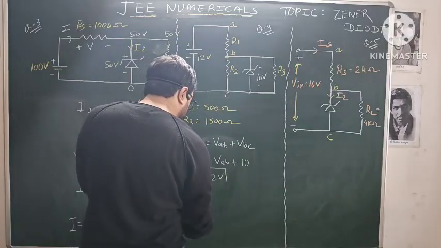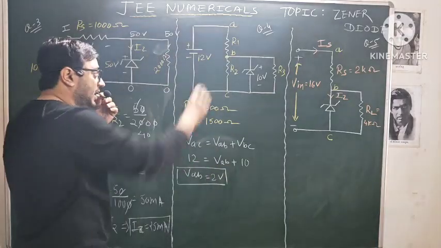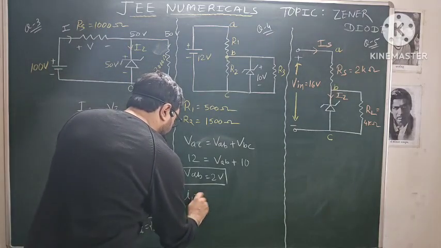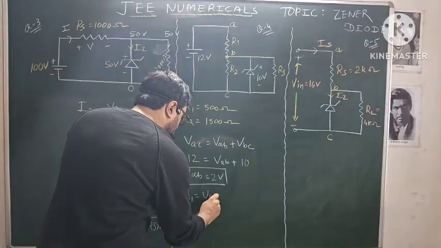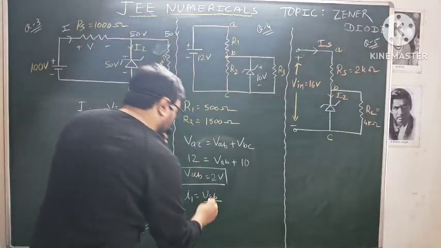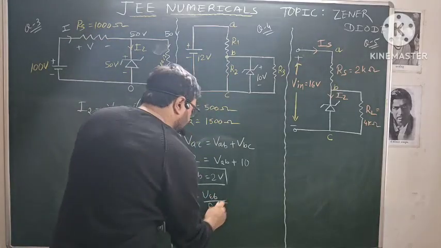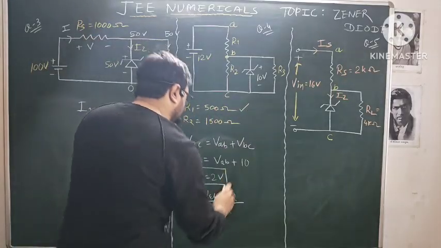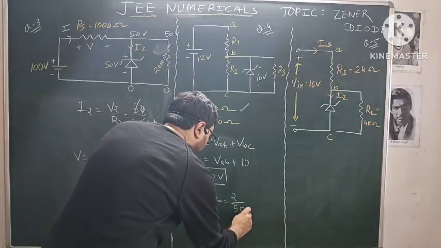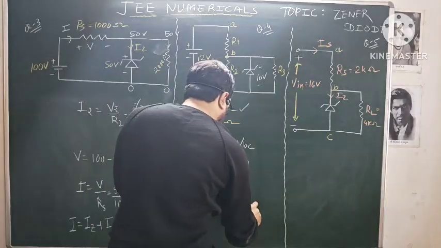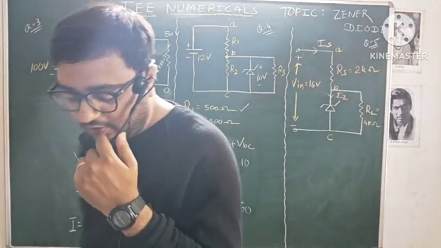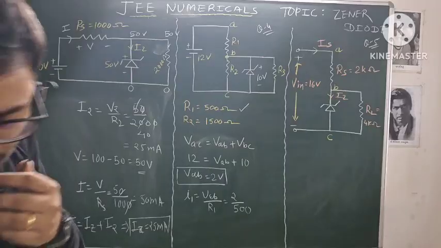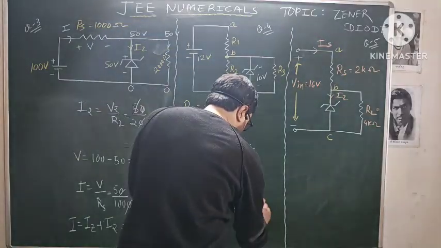Okay. Now the current passing through this resistor R1, that is I1, is VAB upon R1. Now what is the VAB value? That is 2 volt. And what is the R1 value? Which is given as 500 ohm. So this is the current which is passing through the resistor R1.